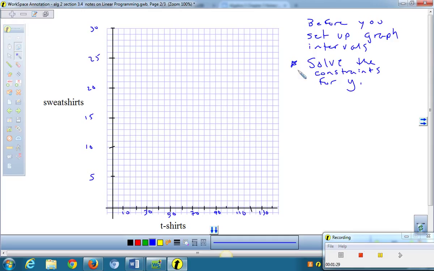Each box is 5. Yeah, each box. Now you're going to solve your inequalities for y.